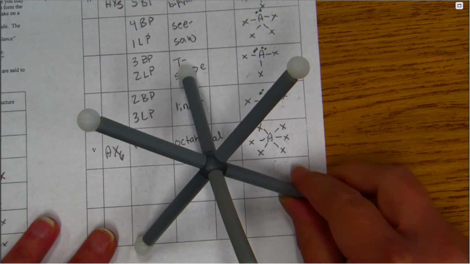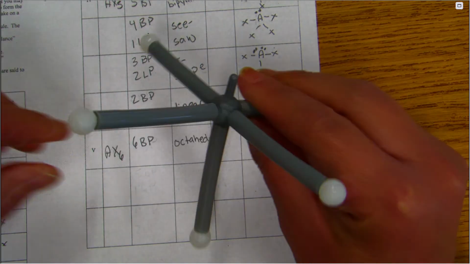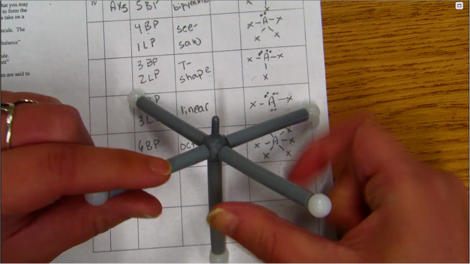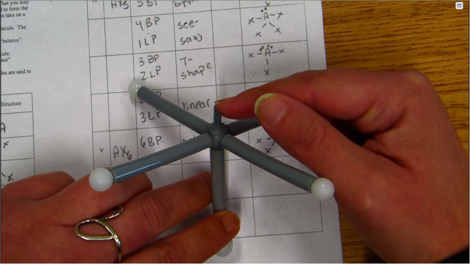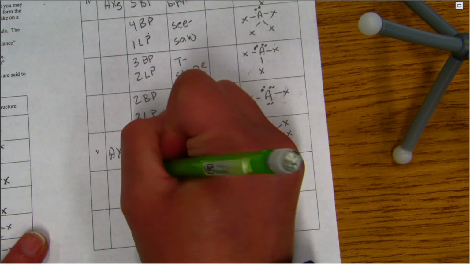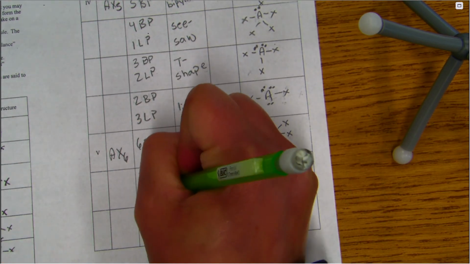What if I remove a bonding pair? If I remove a bonding pair, I now have 1, 2, 3, 4, 5 bonding pairs, and I have 1 lone pair. So I have 5 bonding pairs and 1 lone pair.